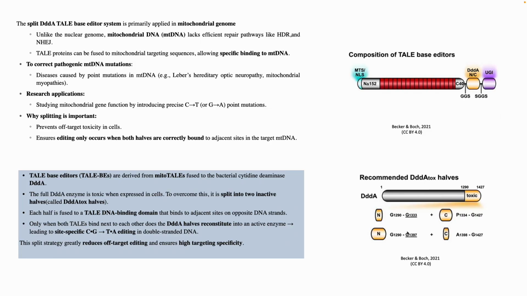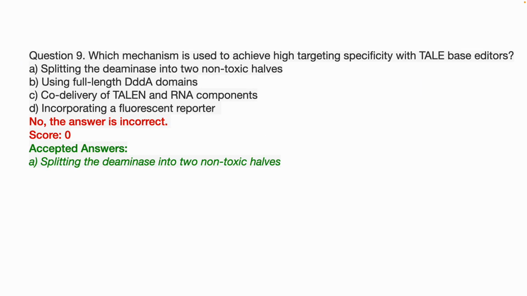And only when they properly bind to these target sites, these DddA become functional, and then they lead to these site specific CG to TA editing. So this is how they are increasing the targeting specificity. So the correct option for this question is splitting the deaminase into two non-toxic halves.